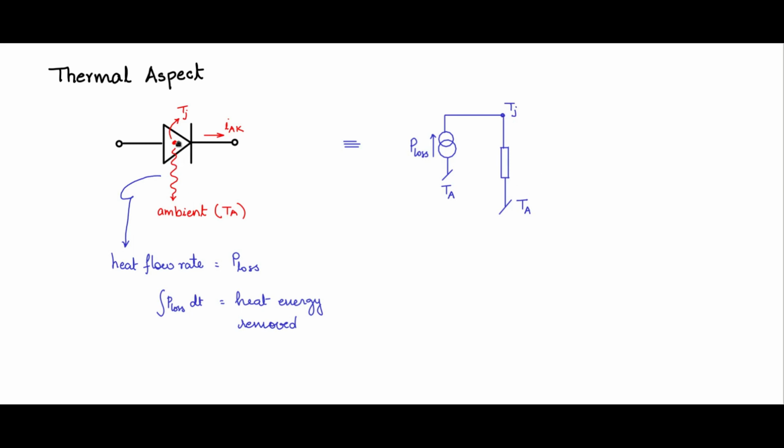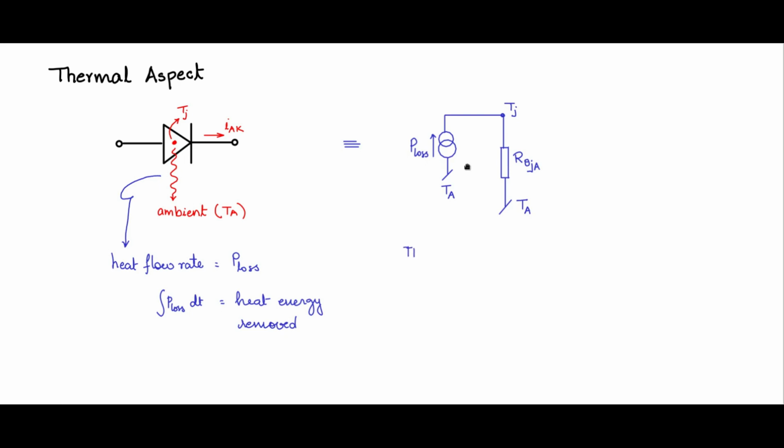This has to be the resistance which is impeding the heat flow to the ambient, and we'll call that theta Ja, thermal impedance junction to ambient. So this would be the electrical equivalent of the thermal aspect of this diode where the loss goes off into the ambient. We are leading the loss into the ambient.